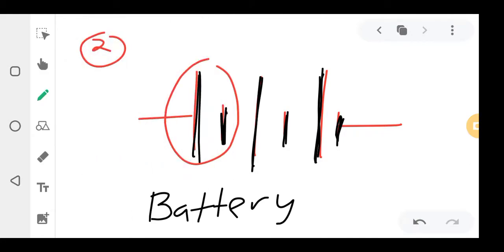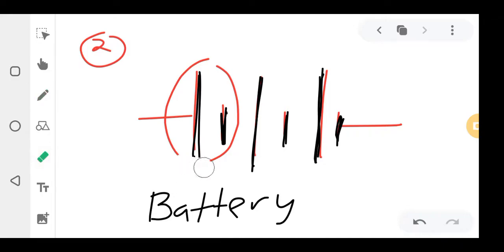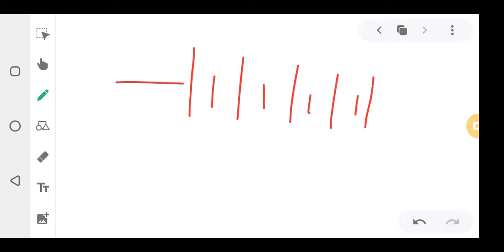Now, this is a battery. How do you know the number of cells? For example, if they bring for you a battery like this, how do you know the number of cells?